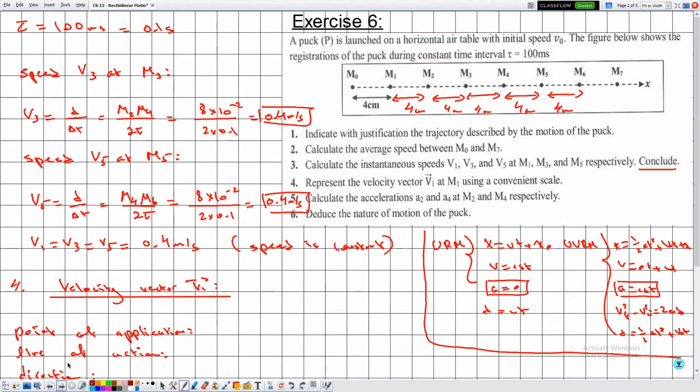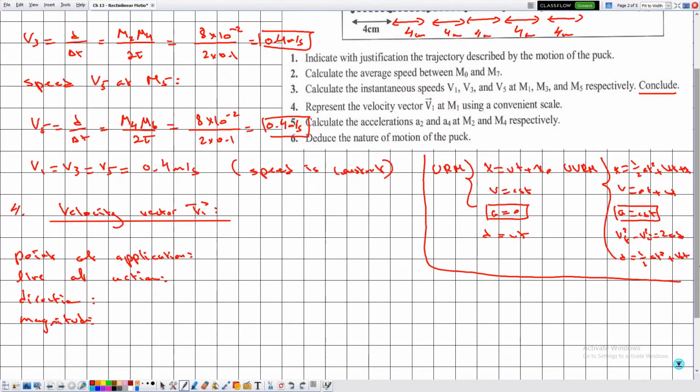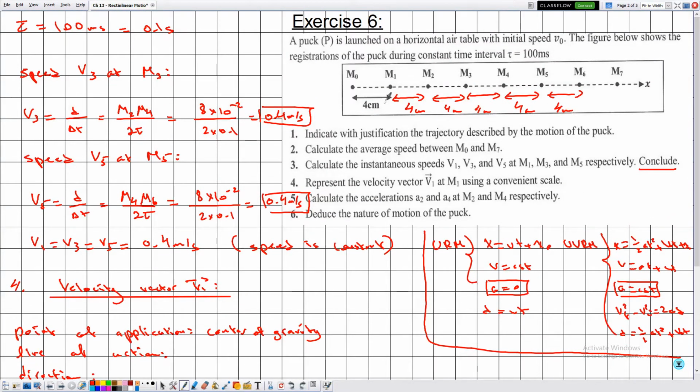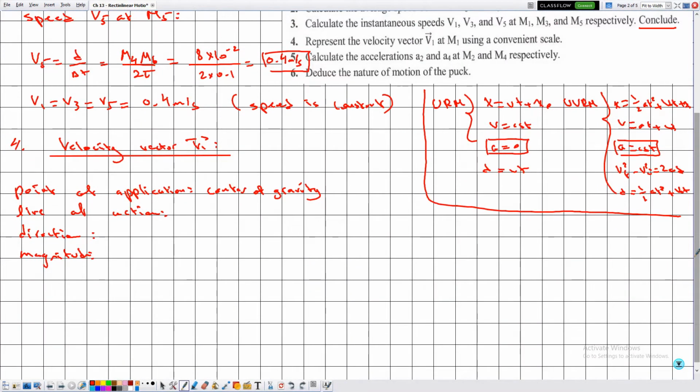So let me write down the center of gravity. In this case, the solid is named P and not S. We will use the same notation. So this is P.